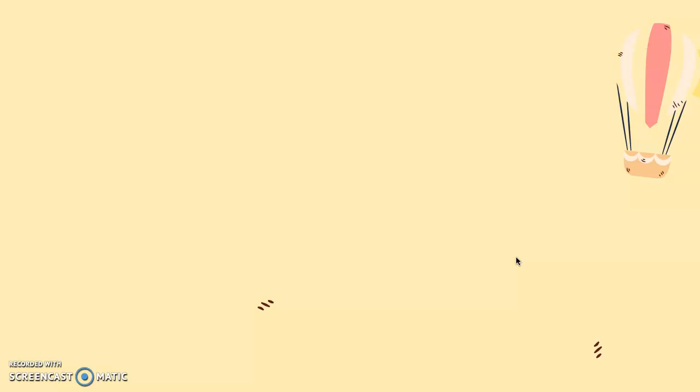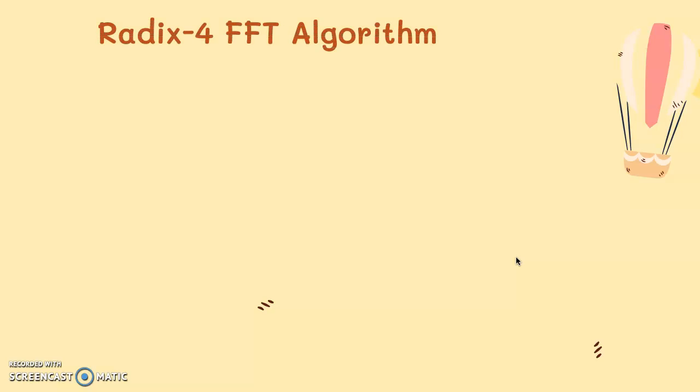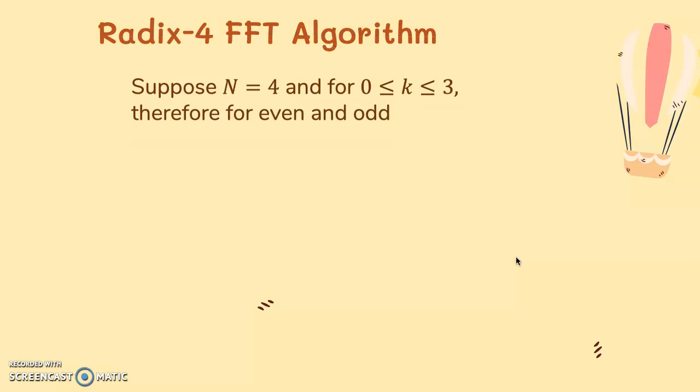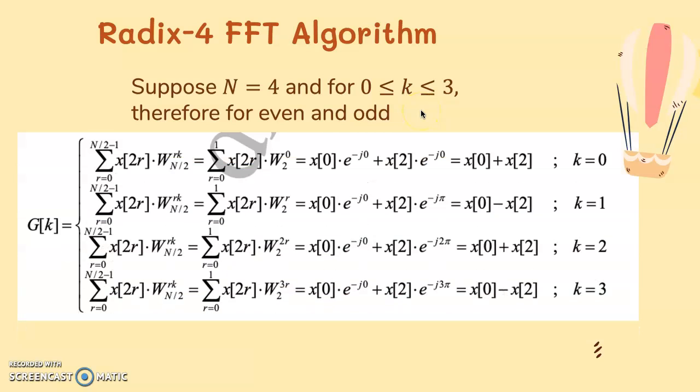Okay, for radix-4 FFT, so N equals 4. So k is from 0 until 3. Therefore, for even and odd, you have k 0, 1, 2, 3. So g_k is the same equation, so r from 0 until N over 2 minus 1. So 4 over 2 is 2, minus 1 is 1.